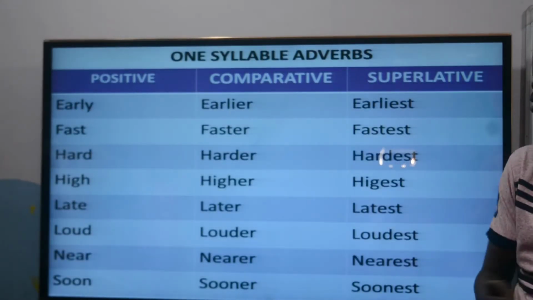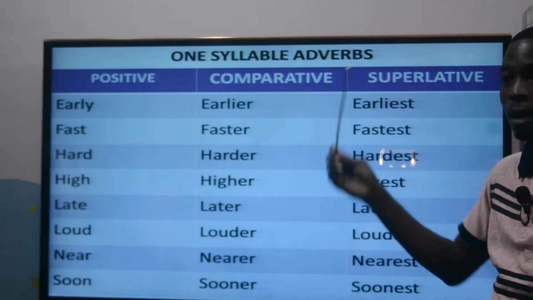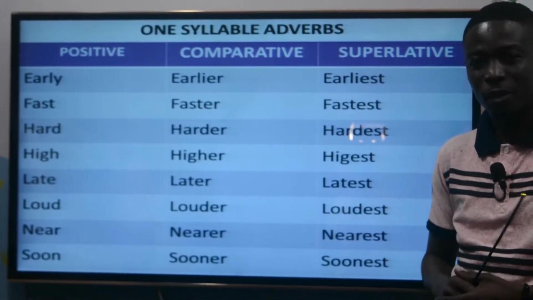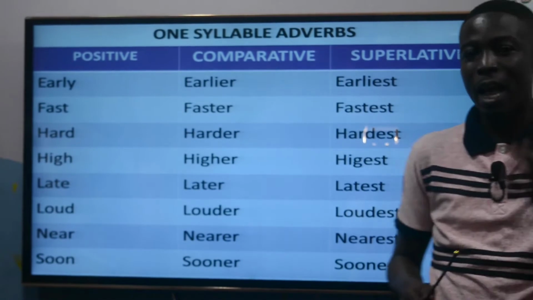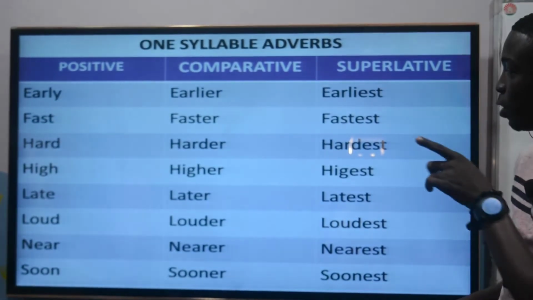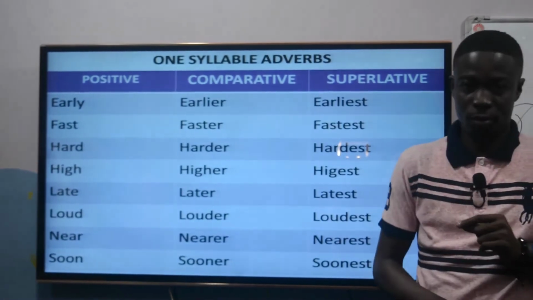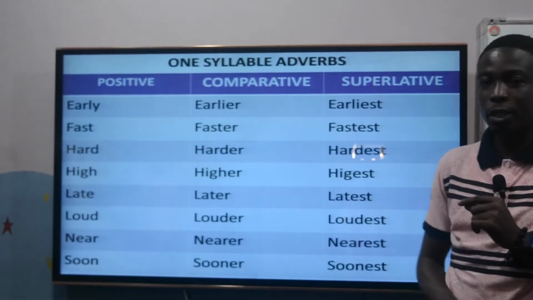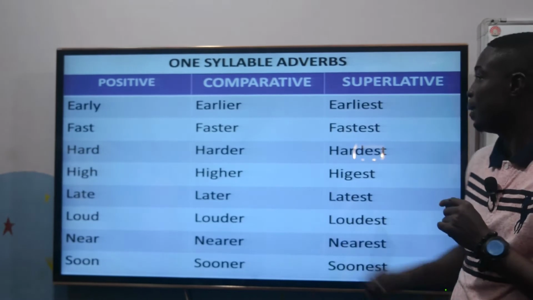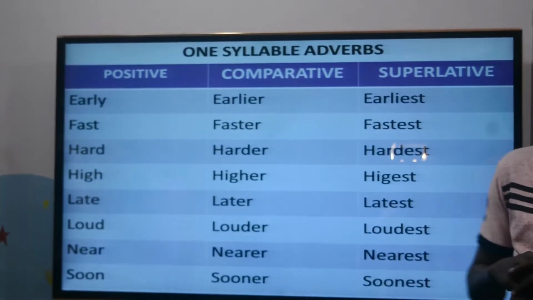All right, so this is for the one-syllable adverbs. With one-syllable adverbs, as we have said earlier, we add ER to form the comparative, and EST to form the superlative.